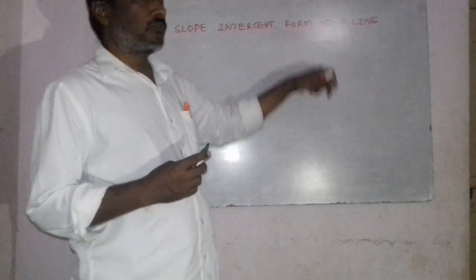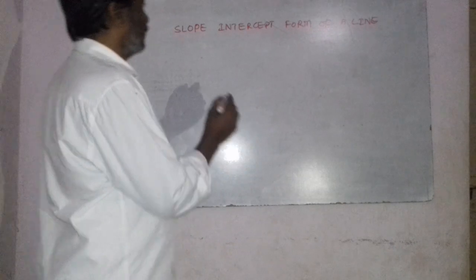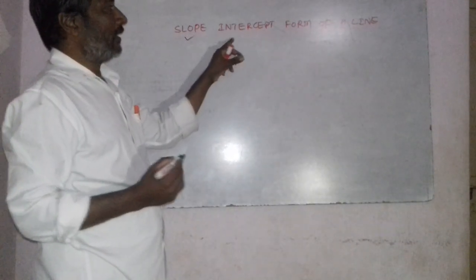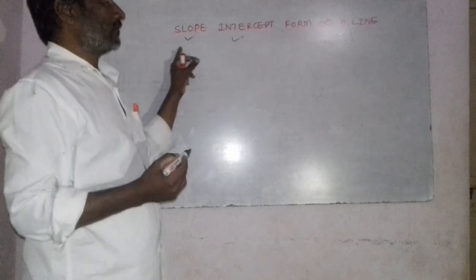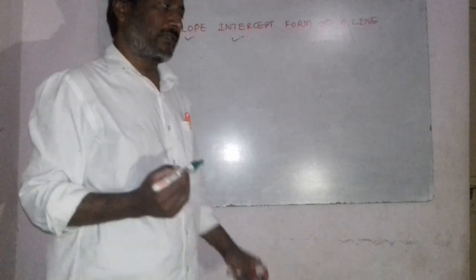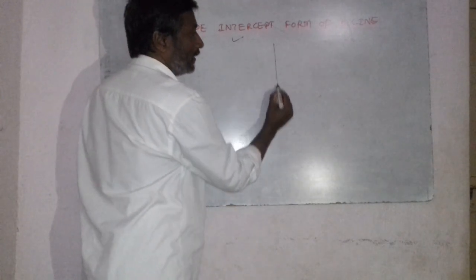To find the slope intercept form, if slope is known and intercept is known, then we can find the equation of the straight line. So consider the coordinate axis.